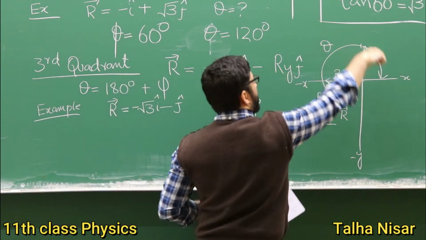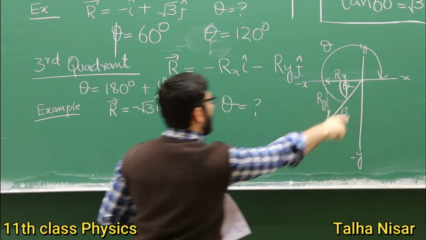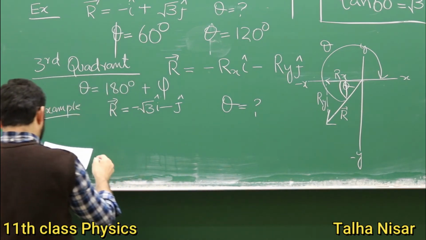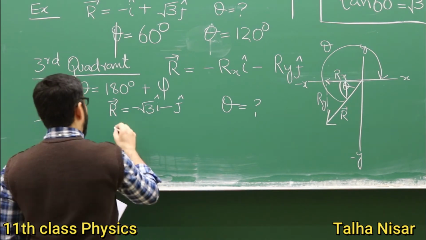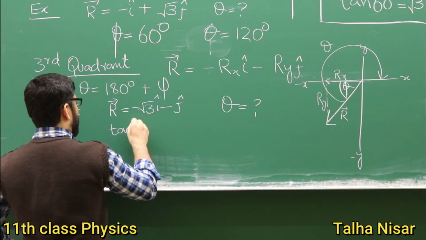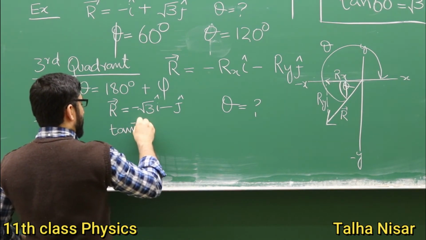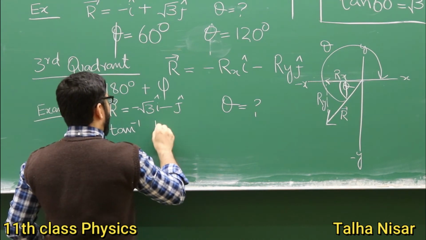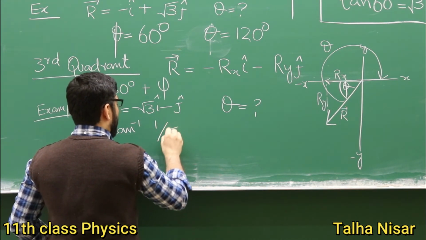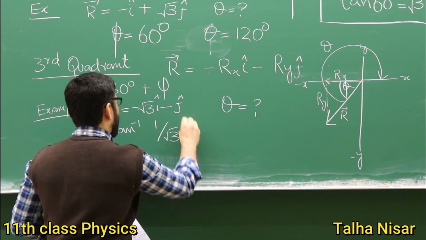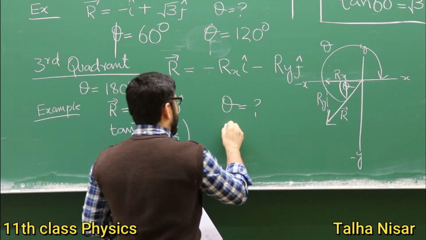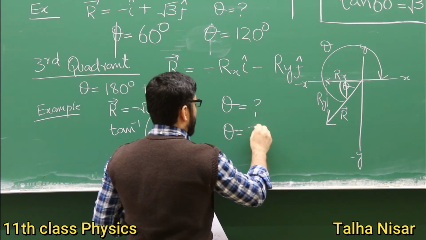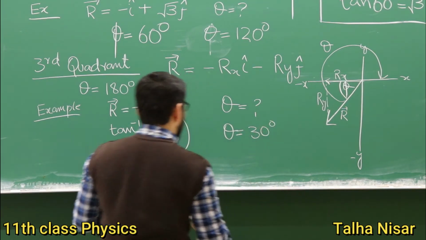We will first get phi. Comparing with the values here, we have the tangent inverse of 1 by root 3, so we get the angle 30 degrees.